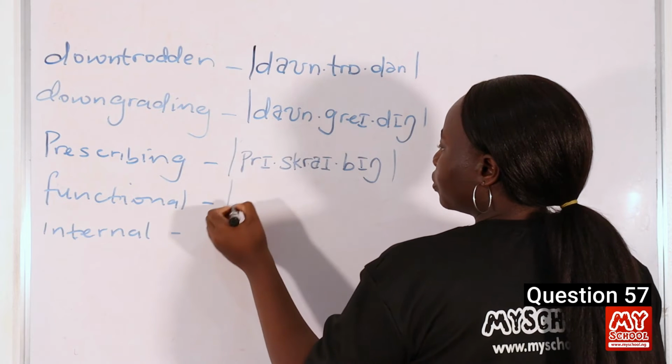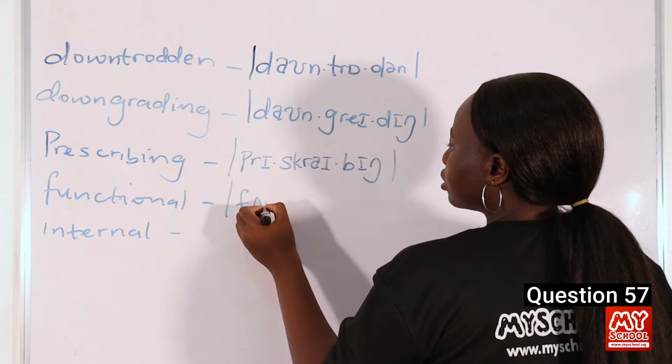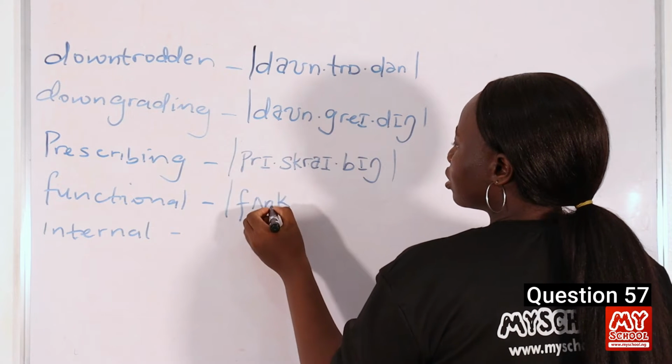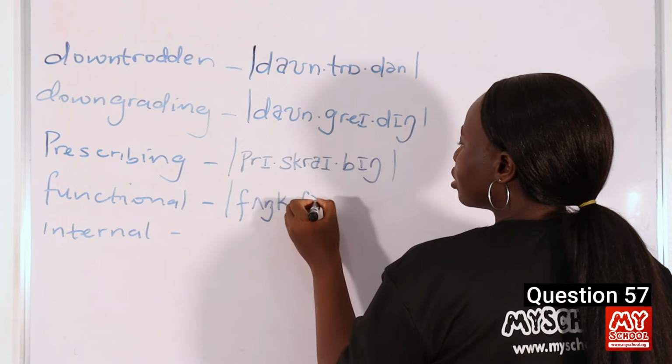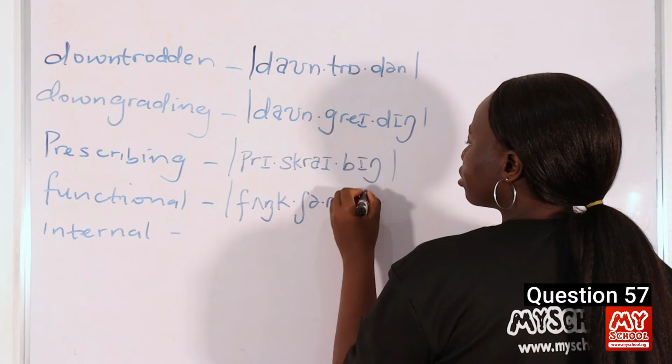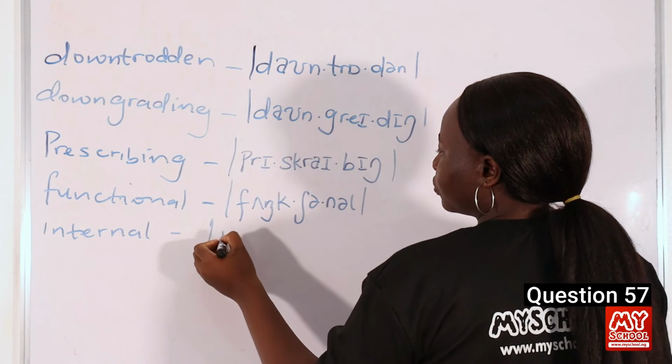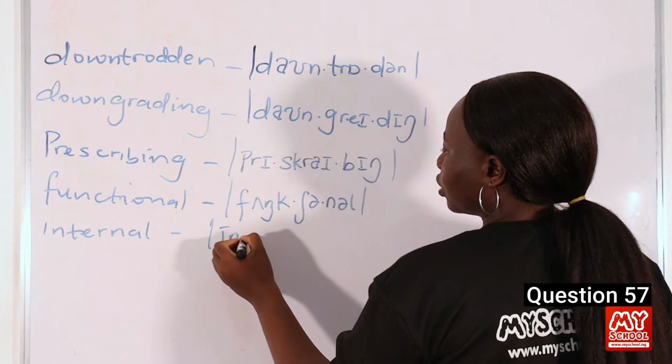The word functional can be transcribed as this. And finally, the word internal can be transcribed as this.